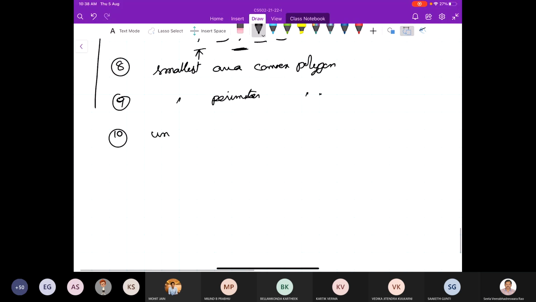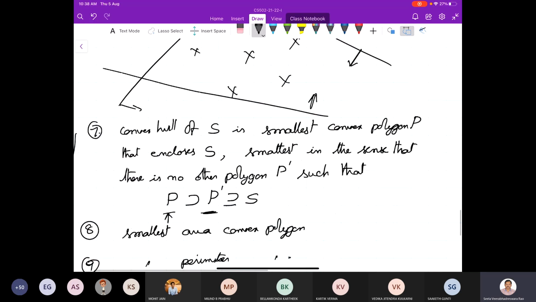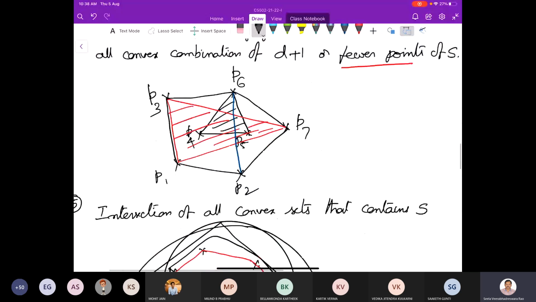The union of all the triangles determined by these points in S. You can see that very clearly from this figure.